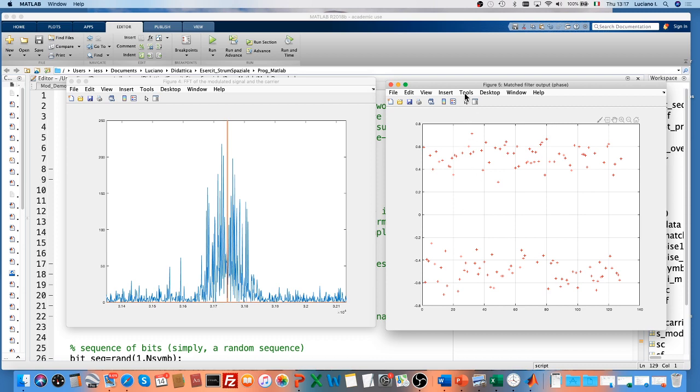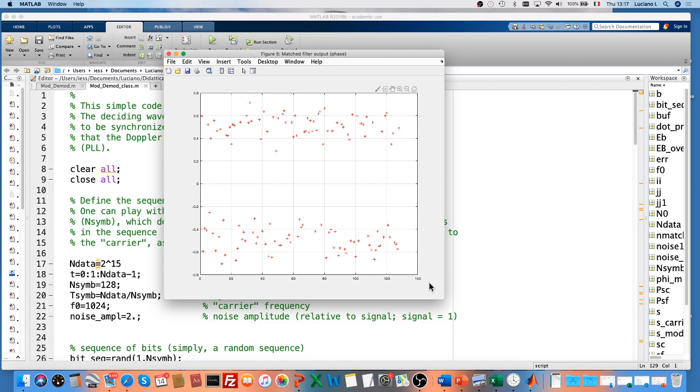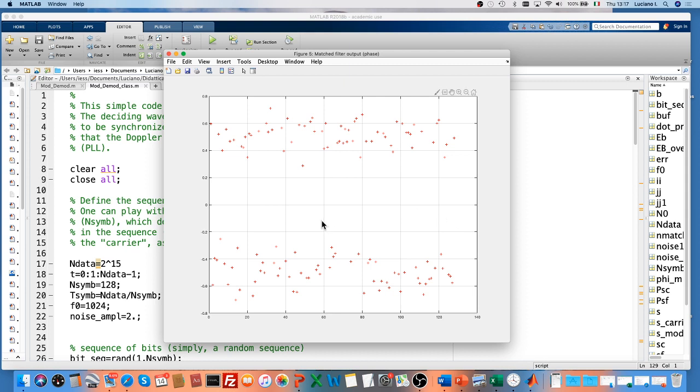In the plot on the right, you see the outcome of the scalar product. And this is important because the outcome of the scalar product tells us whether we have correctly decoded each bit. And it seems we did a good job, because each cross is the output of the scalar product, the output of the decoder.